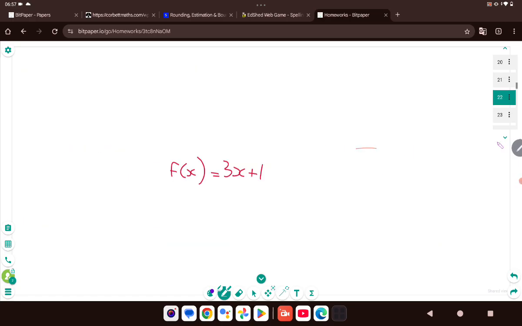Okay, we're going to be looking at now finding the value of functions using algebra. We know the f of x is 3x plus 1. What's the f of 2x? This means we need to replace the x for 2x.